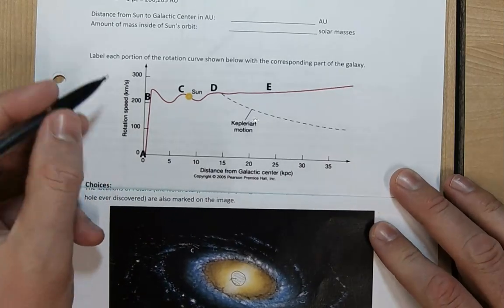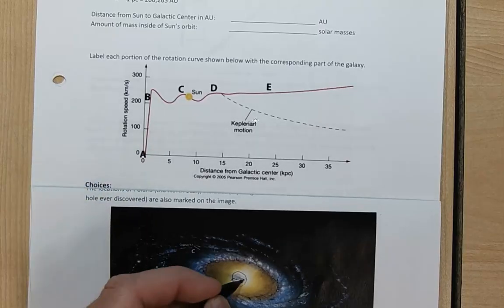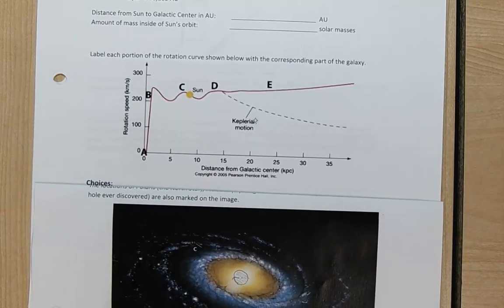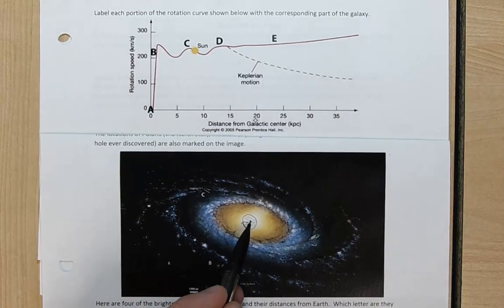If you're at the center of the galaxy, if you're a star at position A, you're at the very center of the galaxy, there's not very much mass enclosed. You are at the center. There is no mass that is closer to the center of the galaxy than where you are.